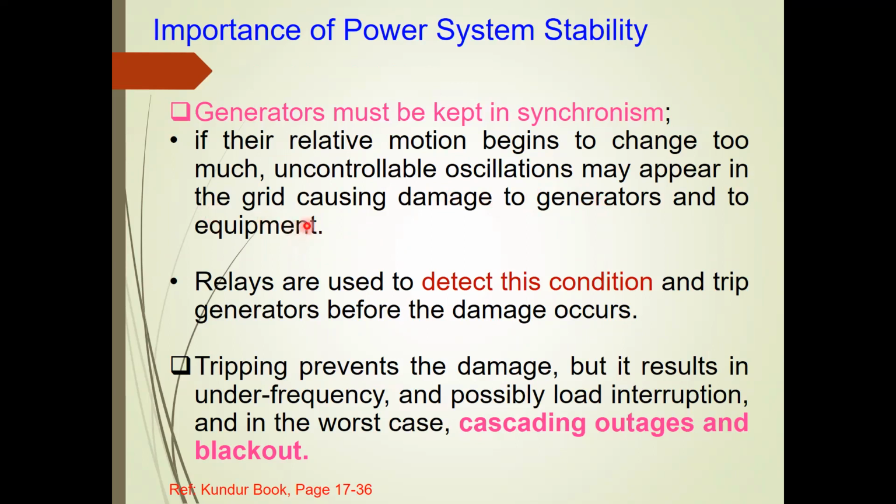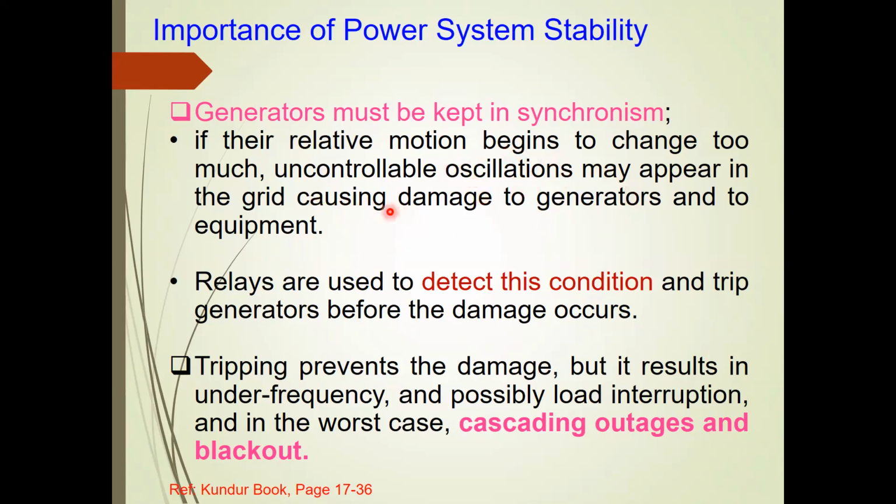If you are not able to maintain the synchronism between the generators, which could occur because of some disturbances, the relative motion between the generators can change. You may have oscillations, which we will discuss, and because of these oscillations, there could be damage to the generators.